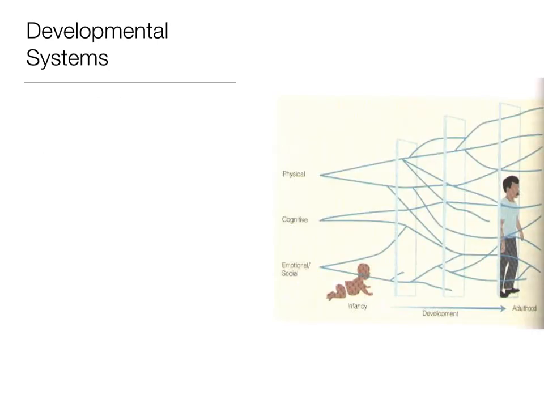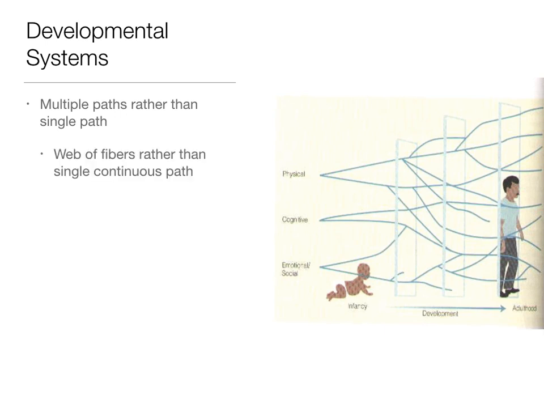So dynamic systems theory, these developmental systems, is the idea that there are multiple paths rather than a single path. So that we all end up as adults, but how we get there is different. And then there's this web of fibers rather than a single continuous path, and these interact with each other. So changes on the social emotional can cause changes on cognition and physical development, and vice versa.